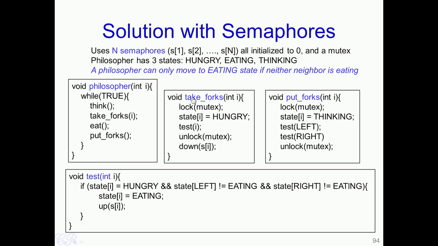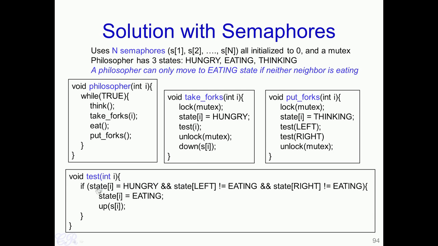Now, in the take forks function, first we set that the philosopher is in a hungry state. The state of the philosopher is set to hungry, then the function called test is invoked.